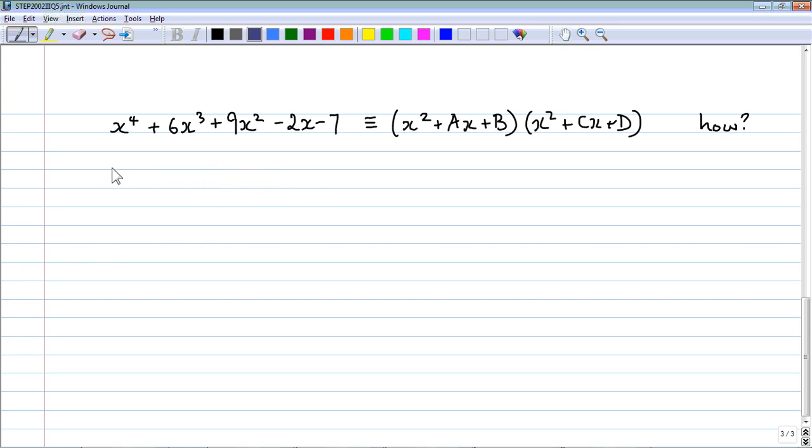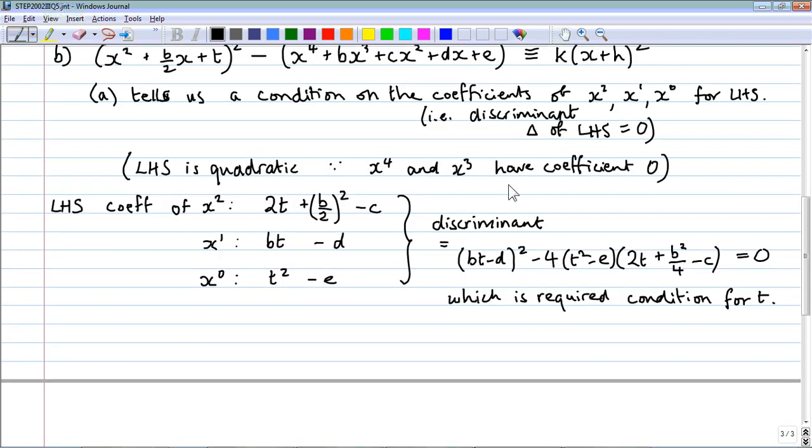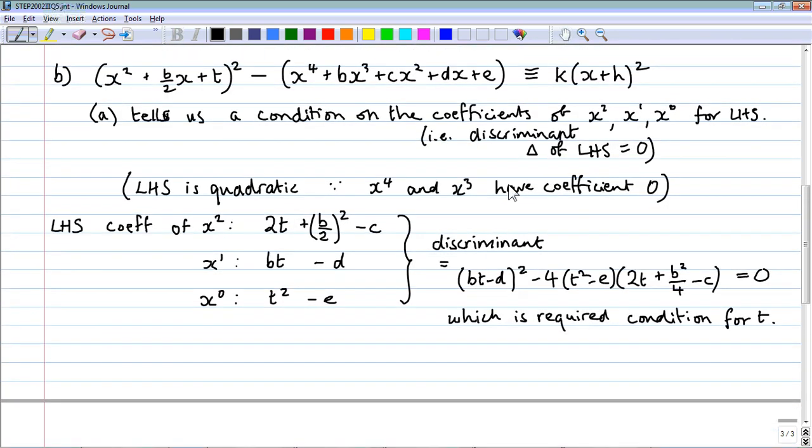So first of all you set the values of b, c, d, and e. According to what we're given, b is 6, c is 9, d is -2, and e is -7. And then you try to reuse what you've already done, which is that you wrote the discriminant.